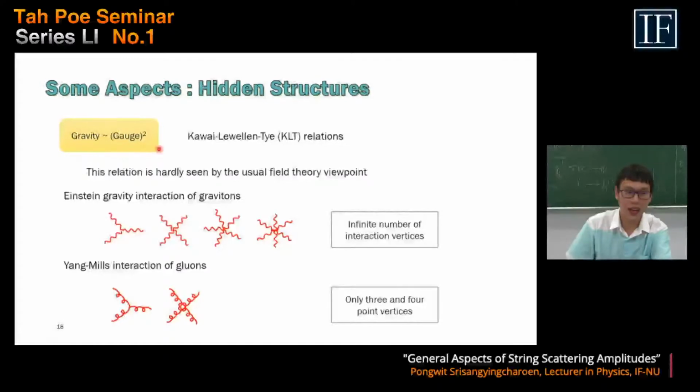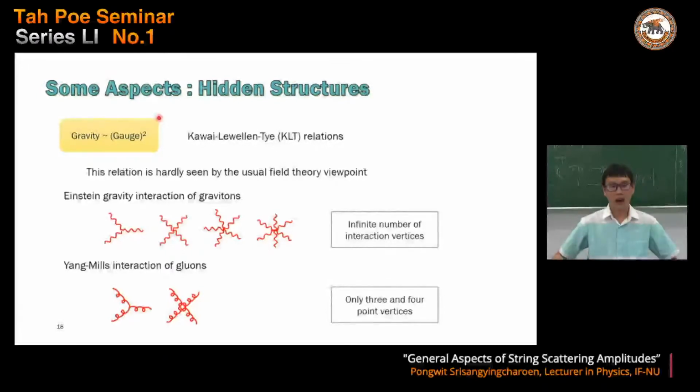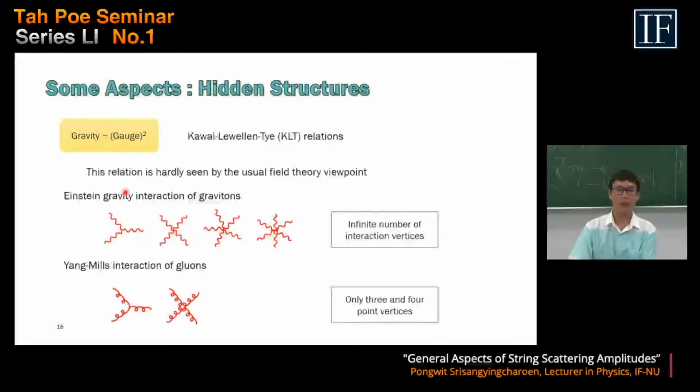And I would say that this relation is hard to see from the field theory viewpoint, because the quantum version of Einstein gravity contains an infinite number of interaction vertices, the graviton interaction vertices.